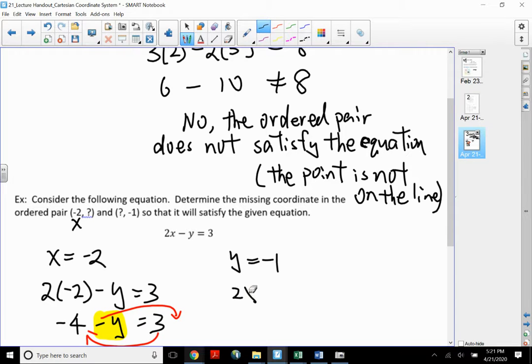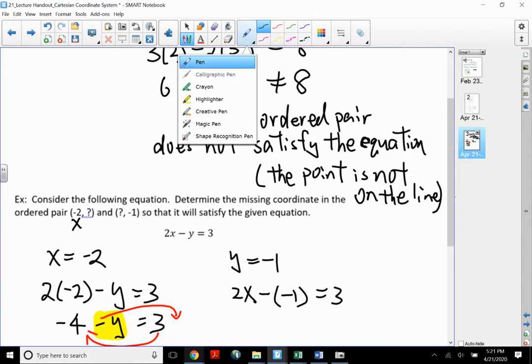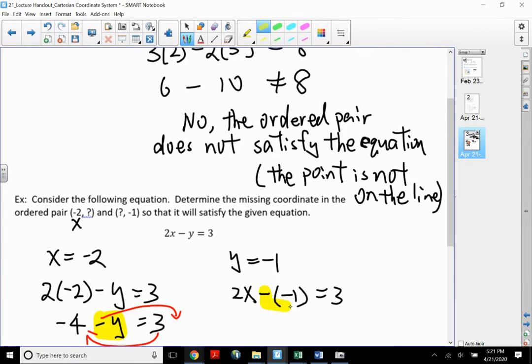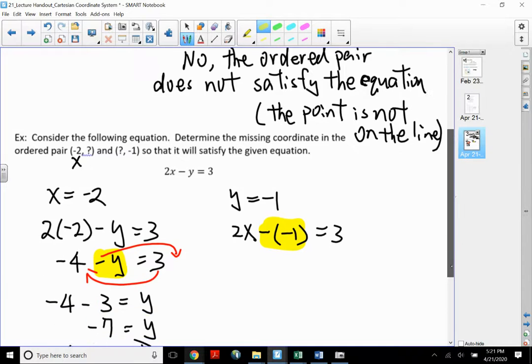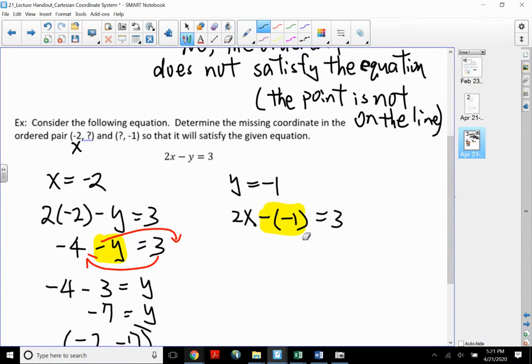So that's 2x minus, substitute negative 1 for y. So I'm substituting negative 1 for the y. I use a parenthesis for protection of that negative sign in front of the y. So now my second term is really negative 1 times negative 1, which will actually give me positive 1. So this is 2x plus 1 equal to 3.